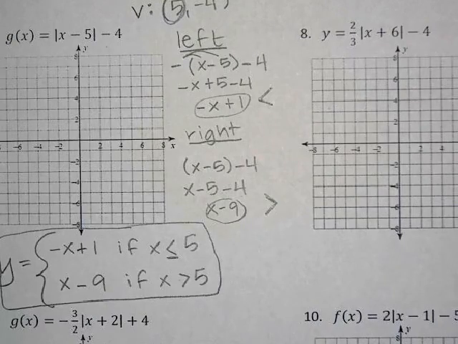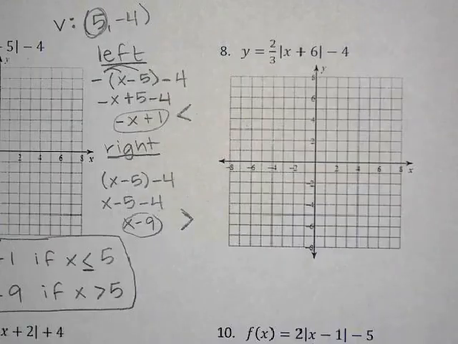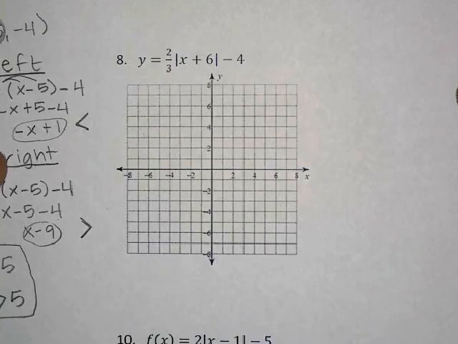All right, let's do the next one. So how should we start? You should start by putting negative. You have to do 2/3. Okay, so left side, we stick a negative in the front.